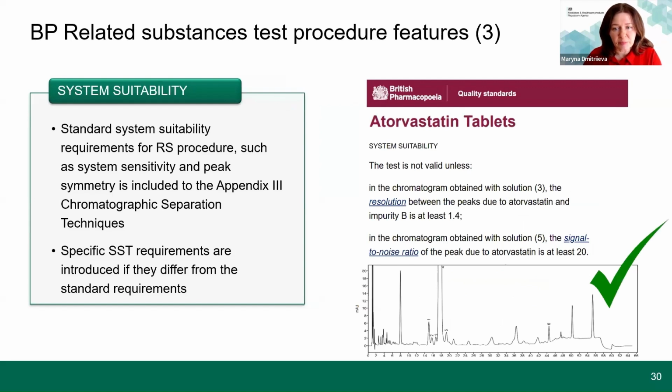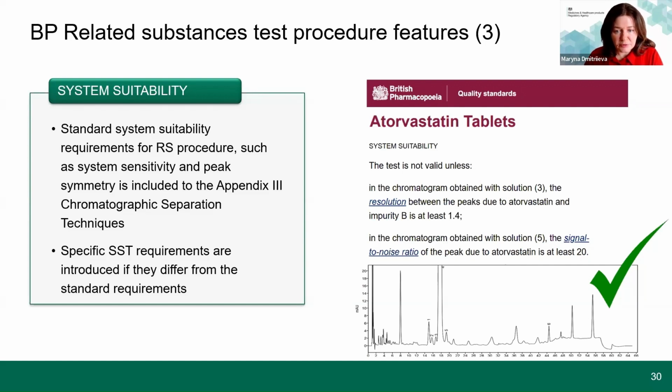The system suitability parameters that may be employed in assessing the performance of the chromatographic system and the factors that may affect this performance are introduced in Appendix 3. For related substances procedure, these parameters are peak symmetry, system sensitivity, which is defined by signal-to-noise ratio, etc. We expect our users to consider these standard factors in the system suitability evaluation.